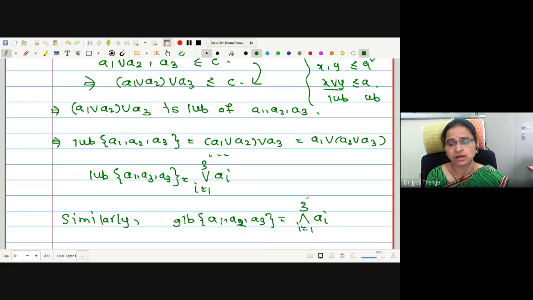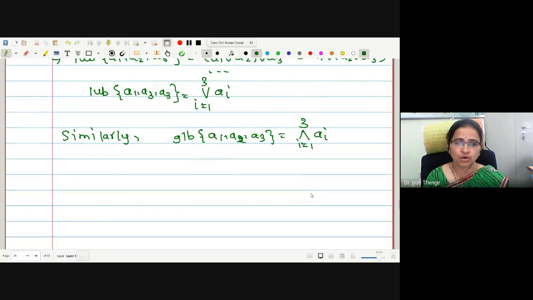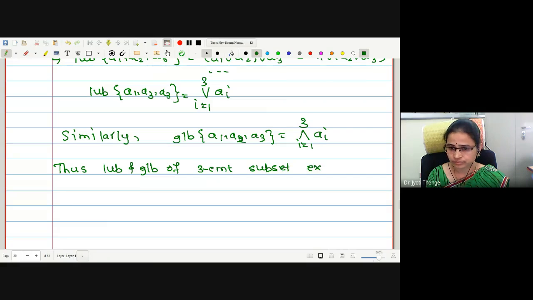Therefore, continuing this, one can say that it is true for every finite subset.